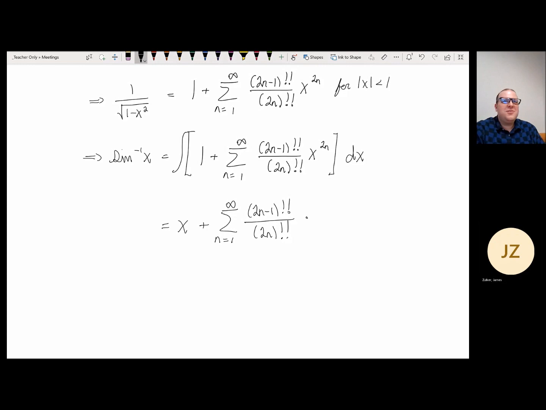Okay, term by term. Antiderivative of x squared. Antiderivative of x to the 4th. X to the 6th. How are you getting them? So what's the antiderivative of x to the 2n?